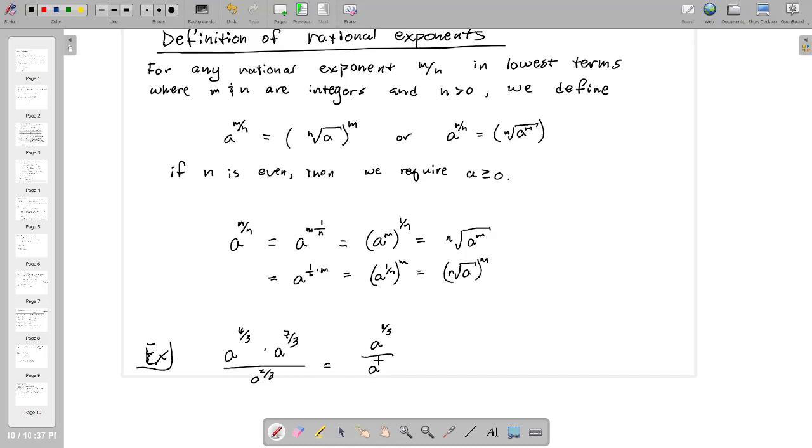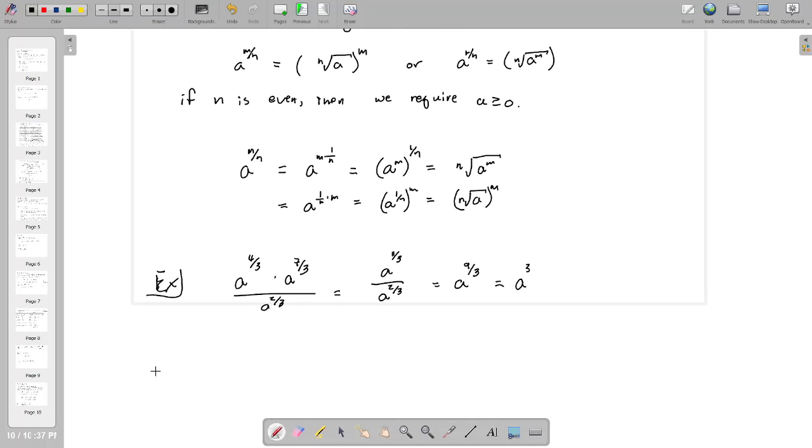And then we have a to the 2 thirds in the denominator. For similar reasoning, we have a common base, a to the 11 thirds divided by a to the 2 thirds. We just subtract the exponents, which gives us a to the 9 thirds, equal to a to the third power. Now I want you to try one also.